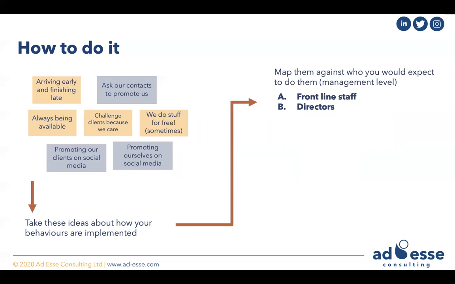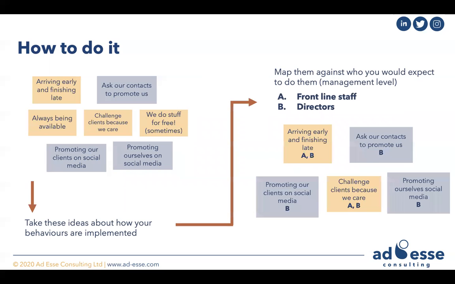Now, it might be that everybody is expected to role model or demonstrate a particular behaviour. It might be that some apply to one management level and not to another. So annotating your behaviours like this just makes it really clear who those behaviours apply to.